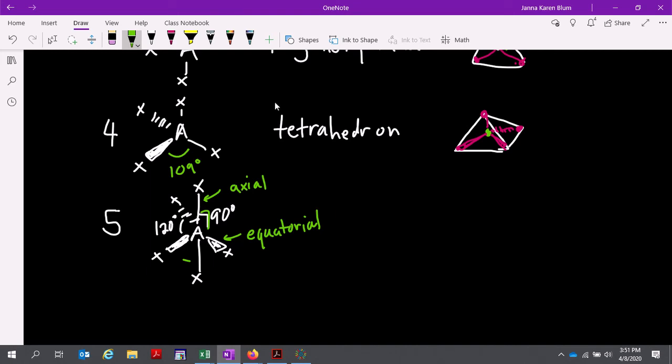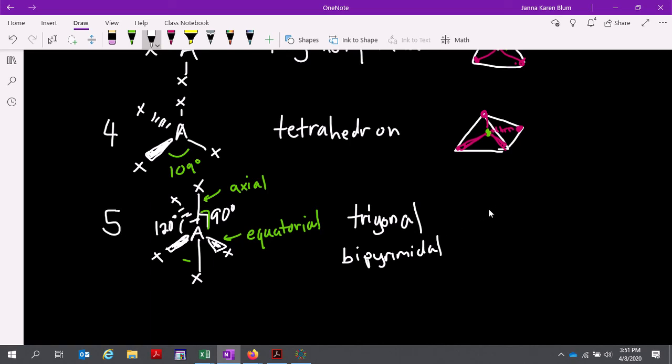And this is called trigonal bipyramidal, because it is a triangular based pyramid on top of each other.